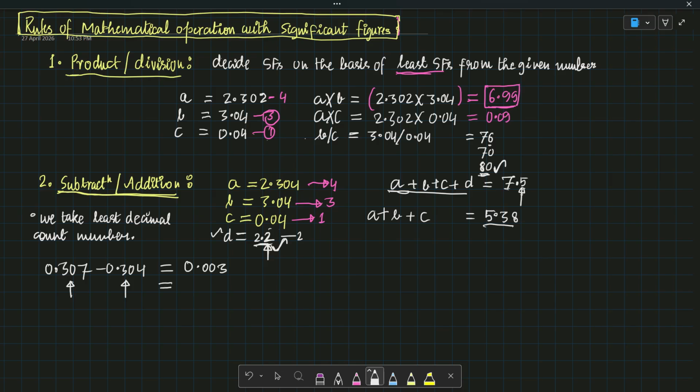On the criteria of decimal points, we'll have up to 3 decimal points, but we know that this is also equivalent to 1 significant figure, so we can write it like this. So you see that in a difference the significant figures can change. Hopefully this makes sense.